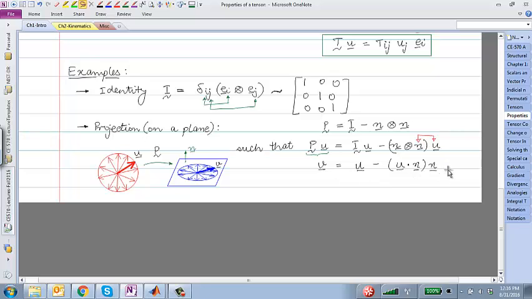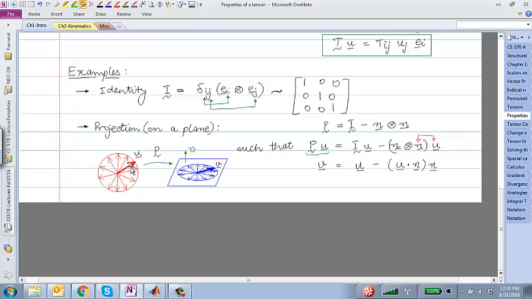So can we physically interpret what this is? Let me ask you this. What is u dot n? Right. All the perpendicular vectors to that. So what is u dot n? Right. u dot n is a vector that is in the direction of this normal vector to this plane.